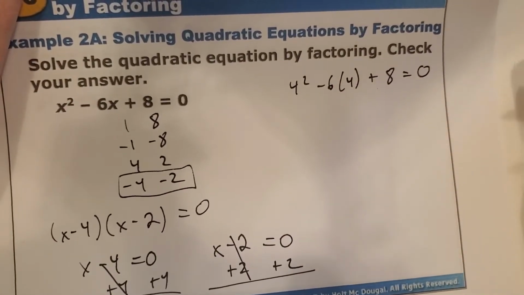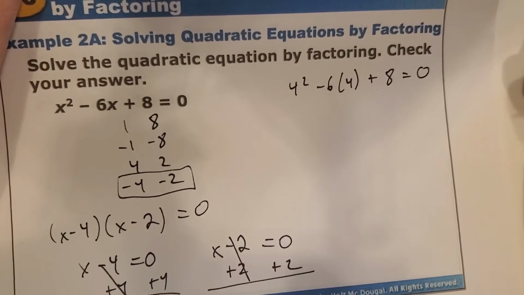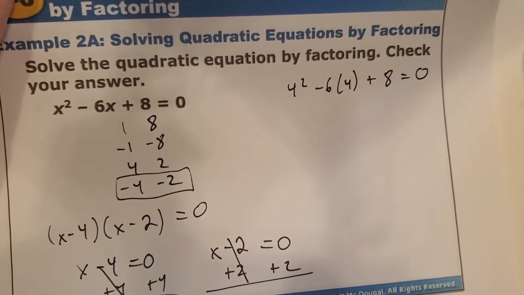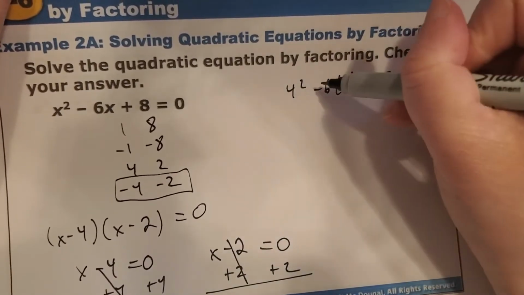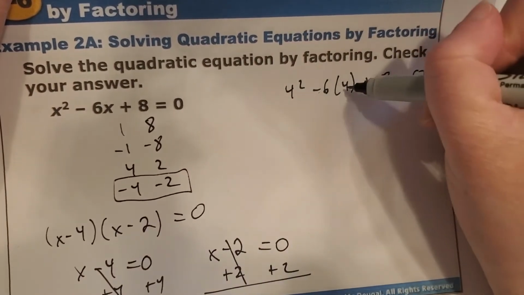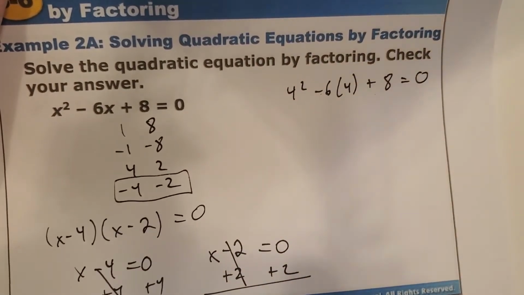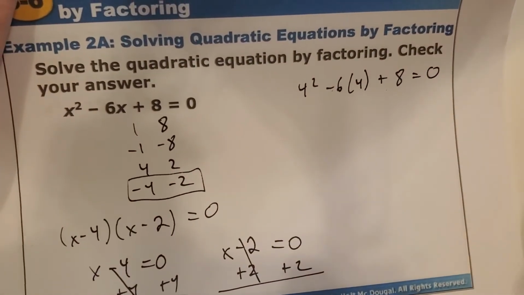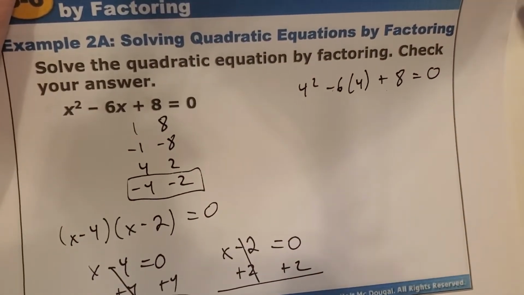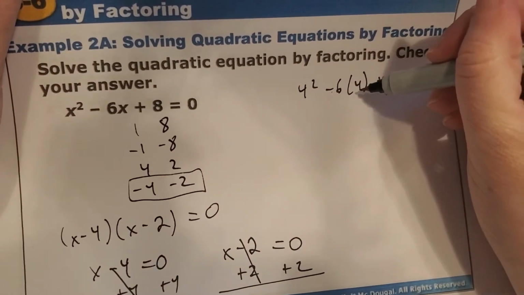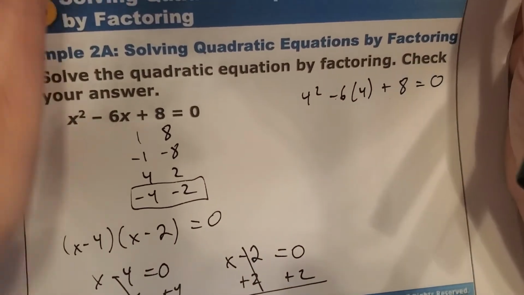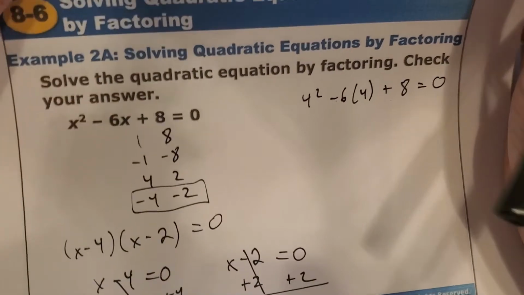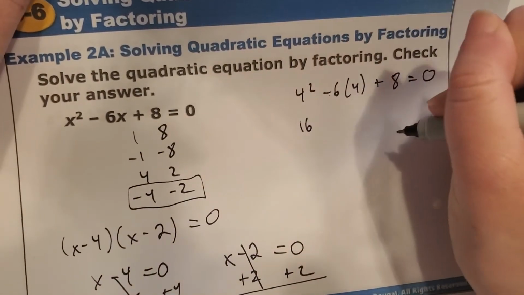If you're doing this by hand, we're doing order of operations. You're more than welcome to just plug this whole thing into your calculator as long as you're careful with exponents, your signs, and your parentheses. But let's try to do this by hand. Order of operations, PEMDAS. Parentheses first. There's really nothing in this set of parentheses to simplify, so we'll move on to the exponents. 4 squared is 16.